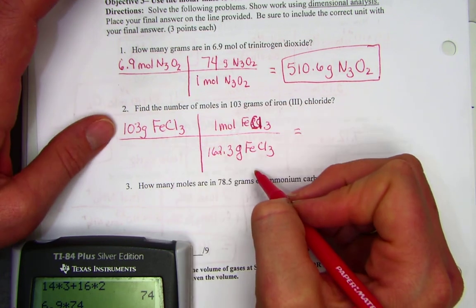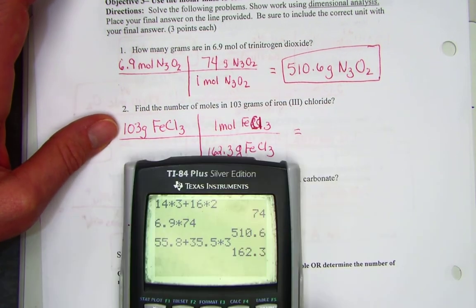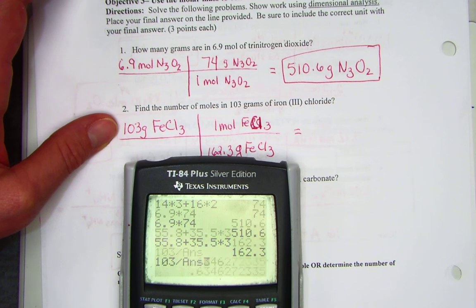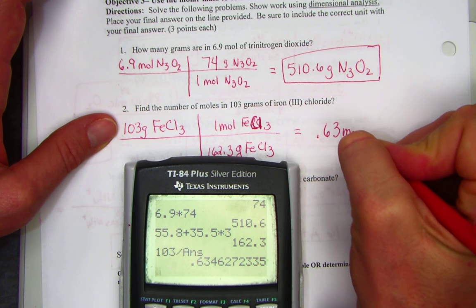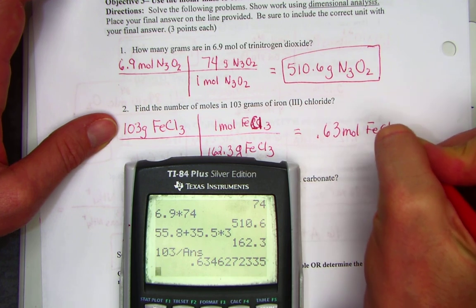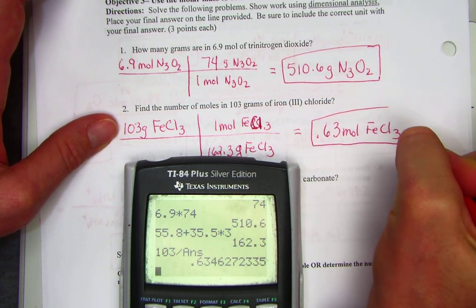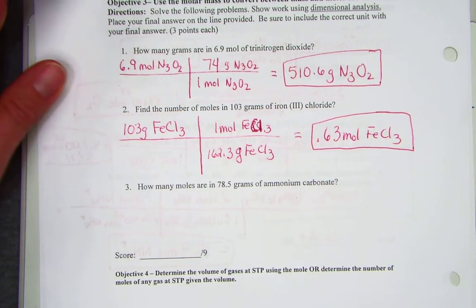This is a divide by question. Starting with the number on top, 103, divide by the molar mass of 162.3, and we find 0.63 moles of FeCl3. Number, unit, label, every step, every way.